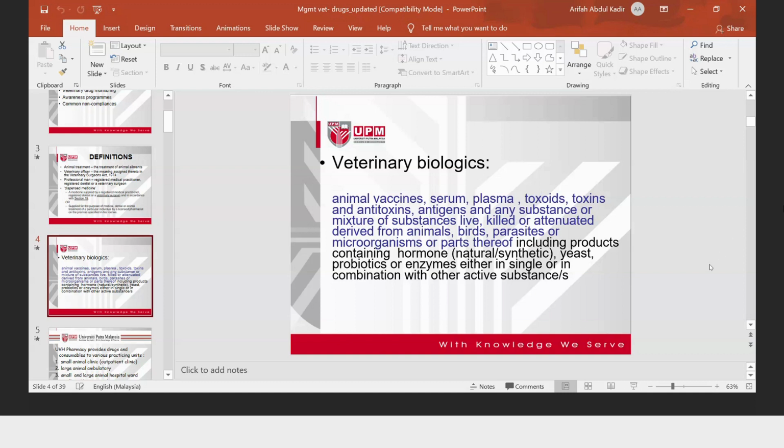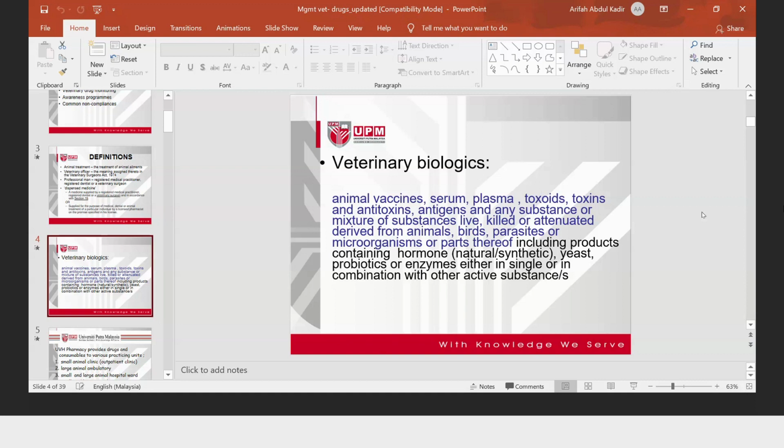Ni pun okey doktor. Okay, so the next, on veterinary biologics, so these are actually not drugs. Drugs is a different category. So veterinary biologics is actually referring to animal vaccines, animal serum, plasma, or toxoids, or toxins, antitoxin, antigen, from animal source lah. From human pun ada lah, tapi kita in context of animal lah.